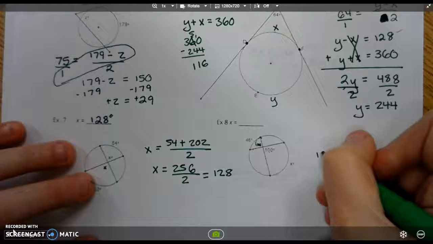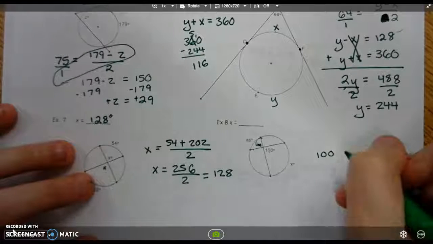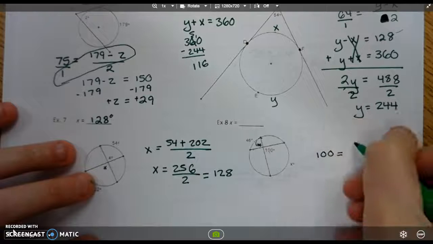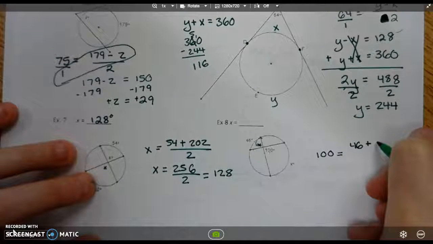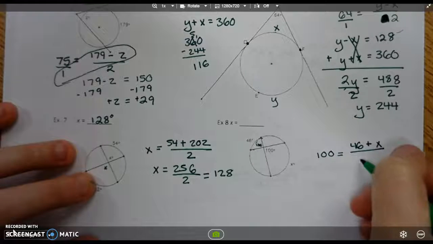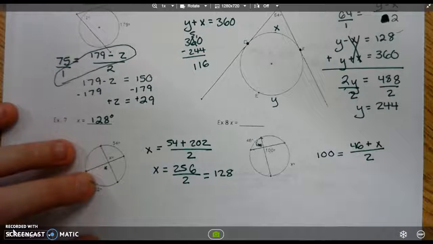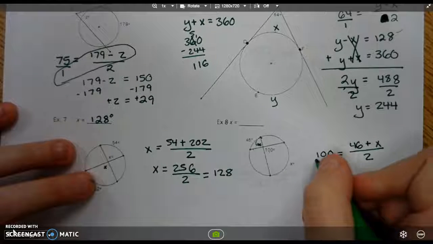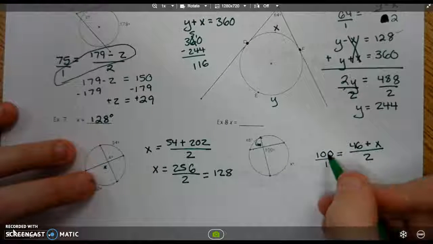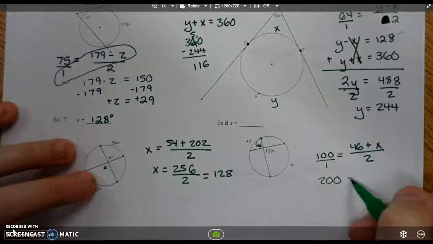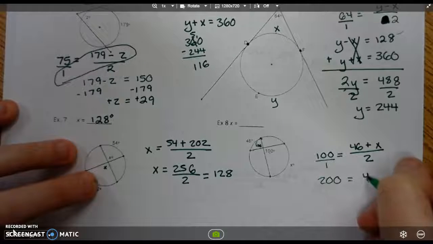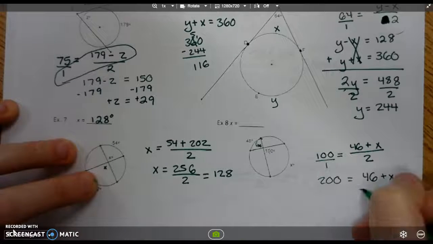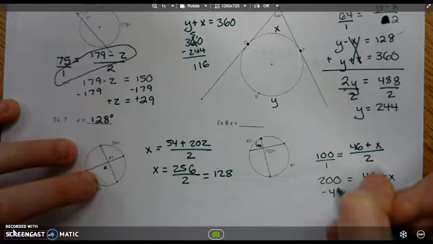So the angle this time is 100. The arc on this side is 46. The arc on the other side is x. I'm going to divide those by 2. Anytime I have x or any variable on this side, I end up having to cross multiply. So 100 times 2 is 200. This times 1, 46 plus x, minus 46, minus 46.